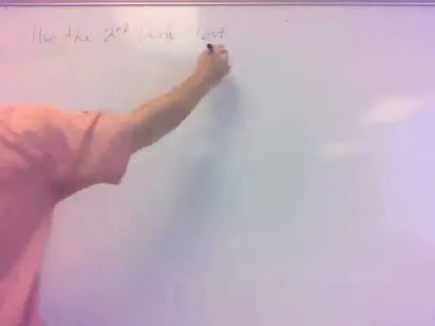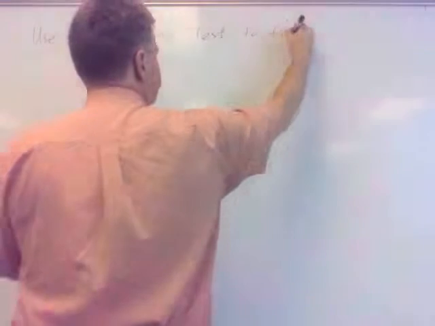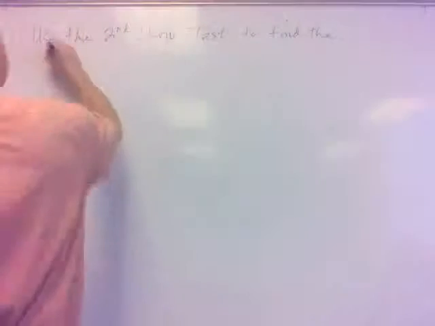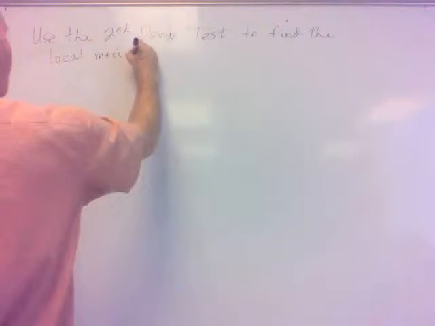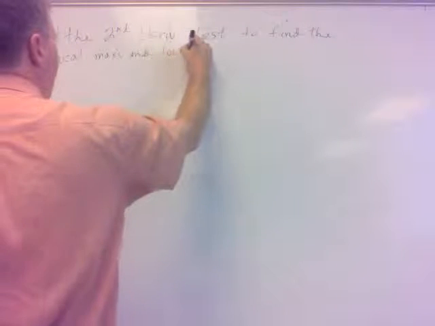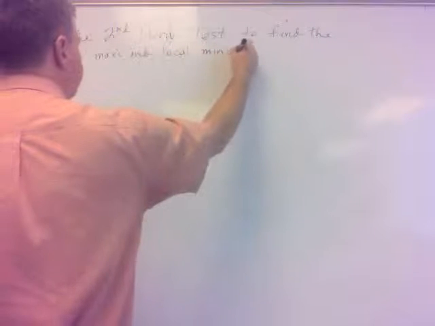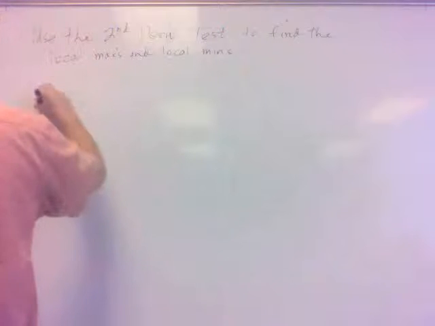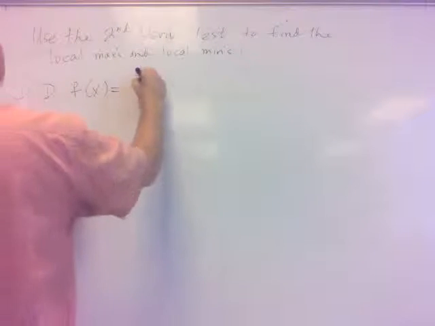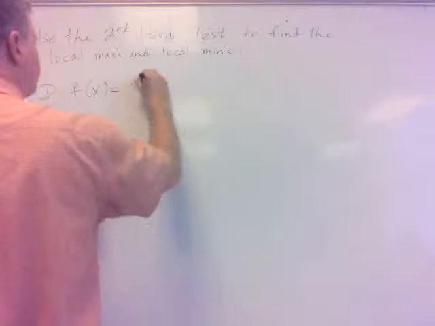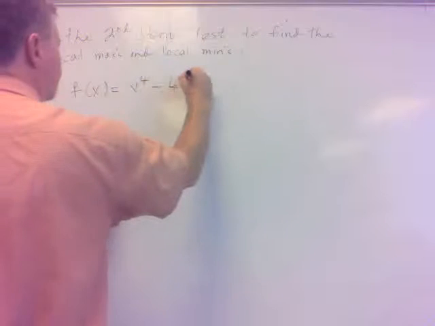Use the second derivative test to find the local max and local mins. Number 1. f of x equals x to the 4th minus 4x squared plus 3.